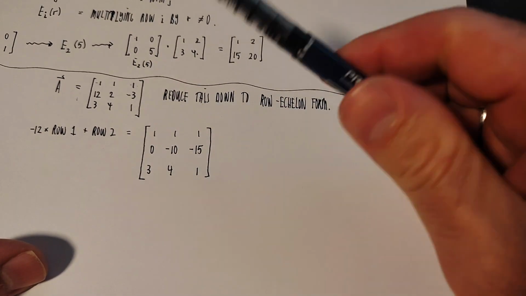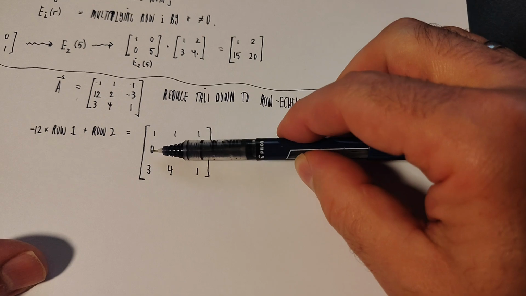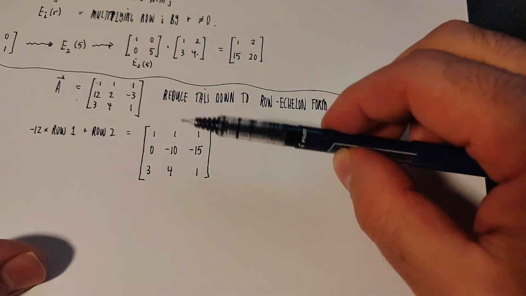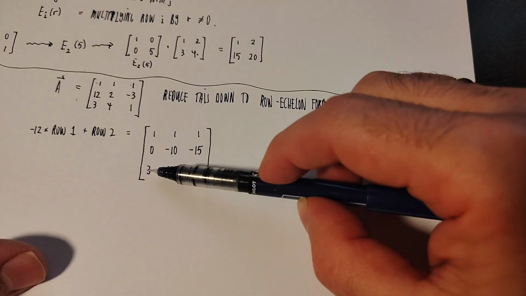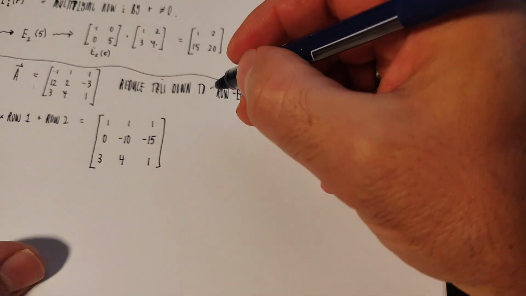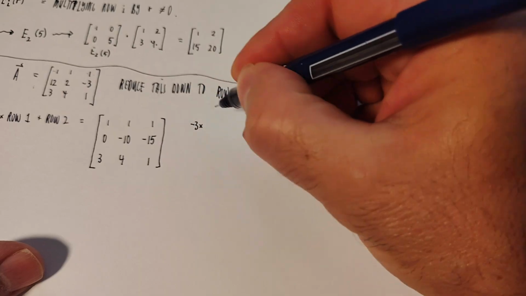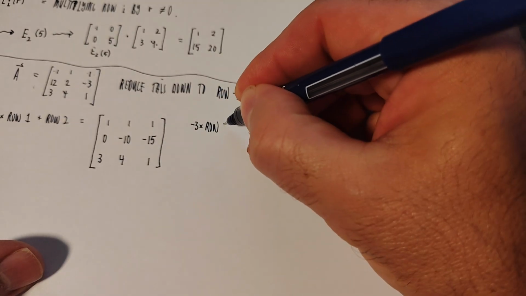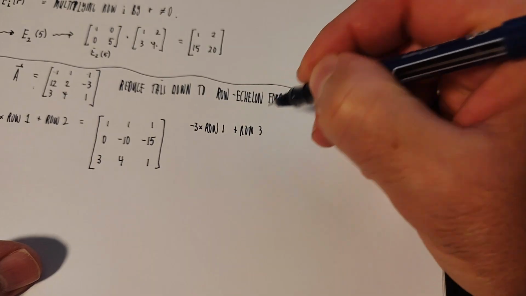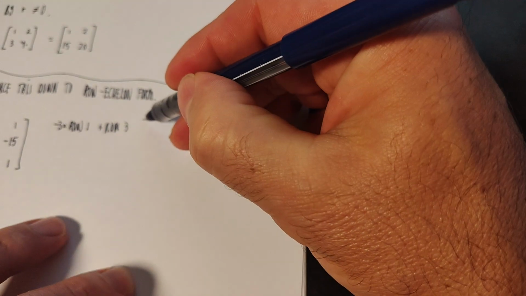All right, so now it's good. I've got a leading 0 here. All right, so far so good. But this isn't finished here. So we want to turn that into a 0 as well. So let's take negative 3 times row 1 plus row 3. And what does that give us?